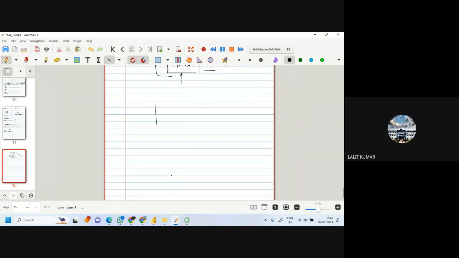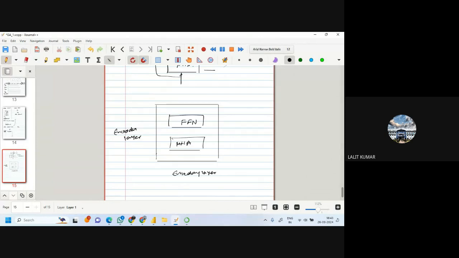So if you remember this, this is a single layer. This is the embedding layer, so the embedding layer is before the encoder layer. This is the encoder layer, and in the encoder layer, I've got two sublayers. One is multi-head attention, and the other is the FFN. Now I keep on passing through these layers.